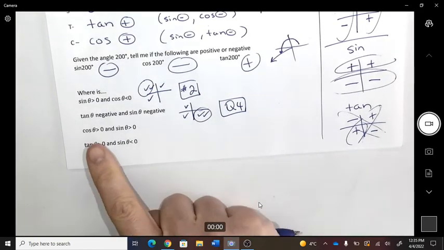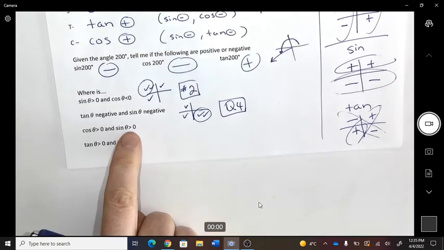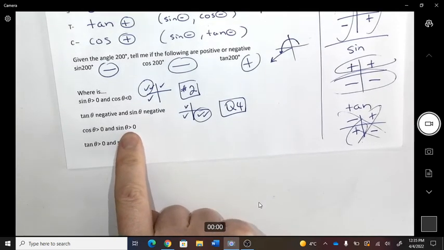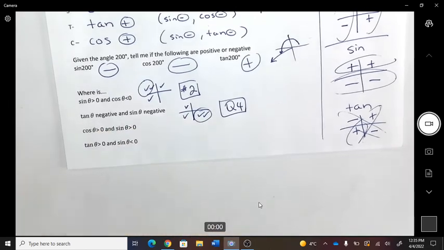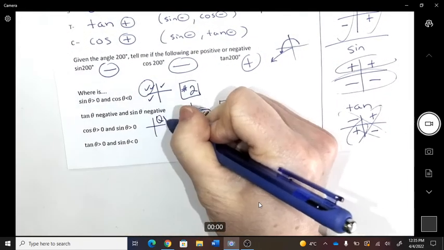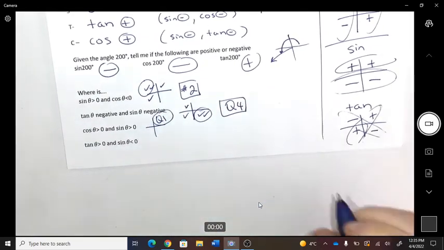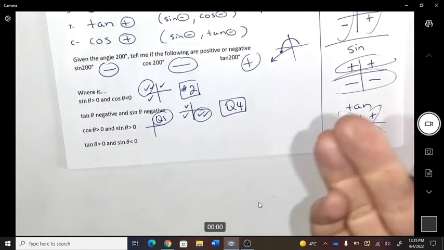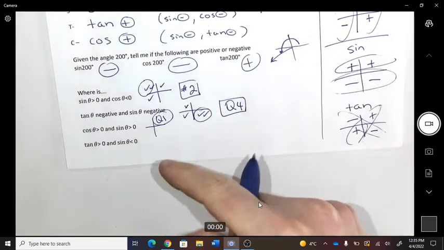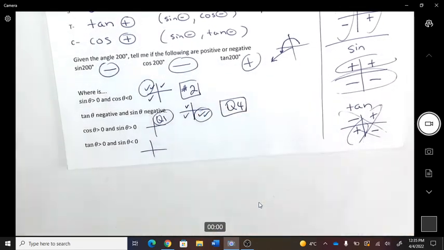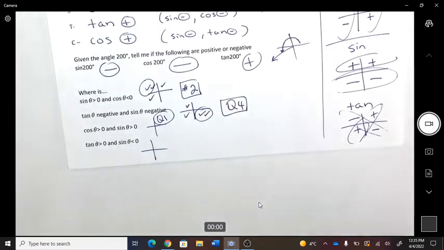Number 3 says where's cos positive and sine positive? Where can 2 things be positive? There's only one spot where that can happen. Quadrant 1 is the only quadrant where 2 things could even be positive. You can go through the same process, but that's also what you can do.